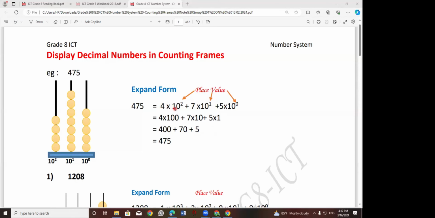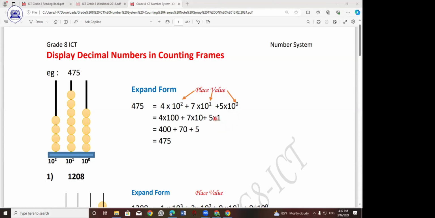And if you expand this one, this is the way we expand 475: 4 into 10 to the power 2 plus 7 into 10 to the power 1 plus 5 into 10 to the power 0. Remember, 10 to the power 0, the value is 1. In any number system, the power 0 is 1.